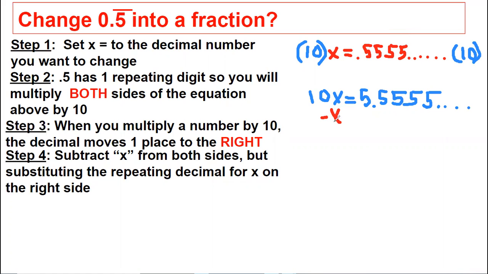I'm going to subtract x from this side of the equals, and I'm going to subtract x from that side of the equals. But remember, I am going to substitute this number, 0.5555, for x. And I can do that. So I'm going to undo this, get rid of my x, and instead I'm going to put 0.555.